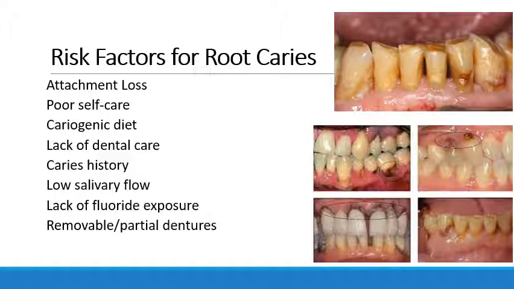So how do we treat it? How do we manage it? Well, they say that prevention is the key to management. Preventing attachment loss, slowing down the recession, so talking to them if they're a hard brusher and that's why they have recession, really reevaluating that at every appointment, looking at their occlusal wear. Do we need to help them?